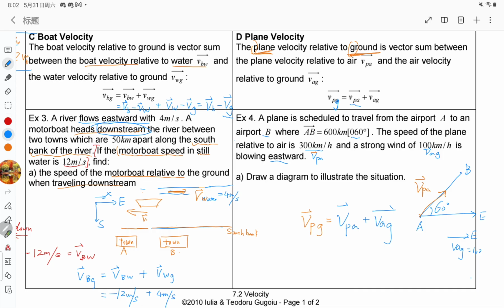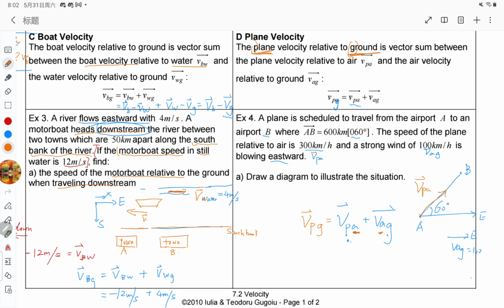Okay, so this is exactly like what we studied before, the vector summation, right? So look at here. Plane, air, and then air, ground, right? So this is exactly when we studied before, summing the vectors together, like starting point, middle point, and then the end point, right?